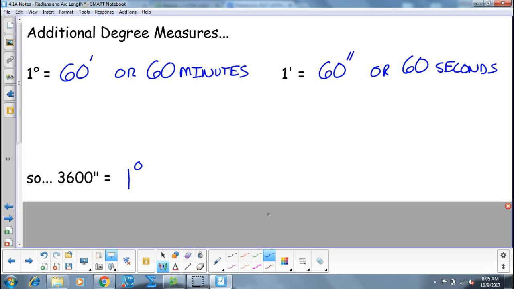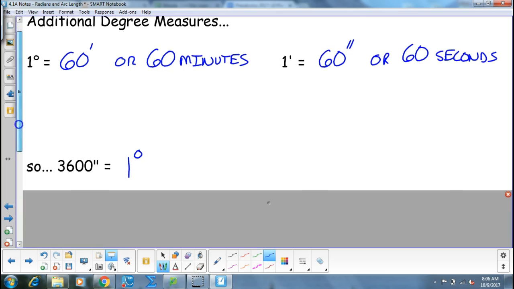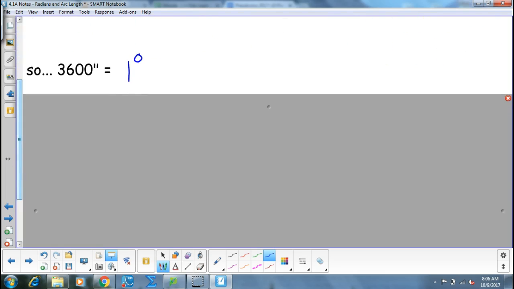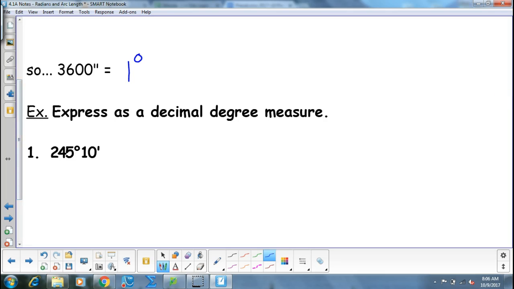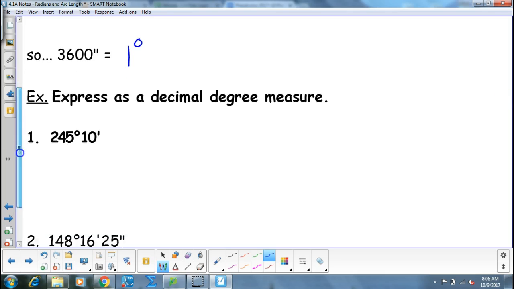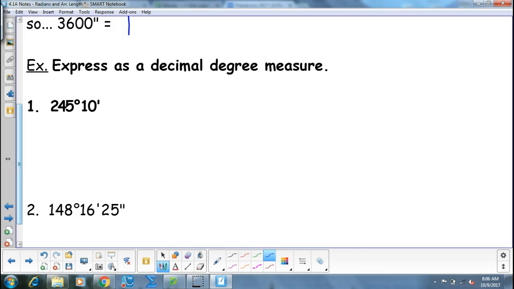So, you'll hear this referred to as DMS. Okay? Degrees, minutes, seconds. Okay? And so the book might ask you to put it into DMS, or on a test we might ask you to take a decimal degree and put it in degrees, minutes, and seconds, or vice versa. Here is a degree, minutes, and seconds. We want to put it into a decimal degree.